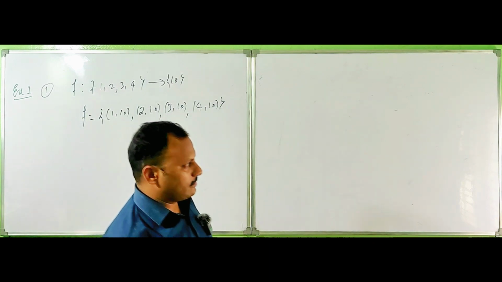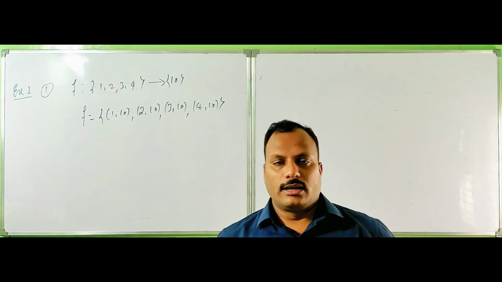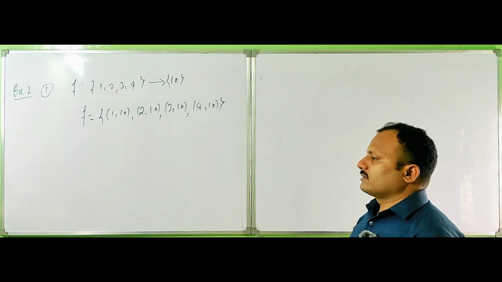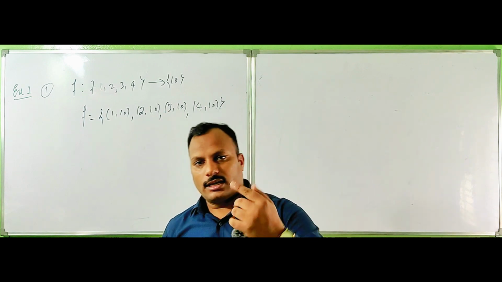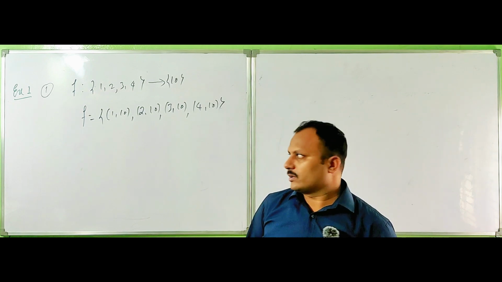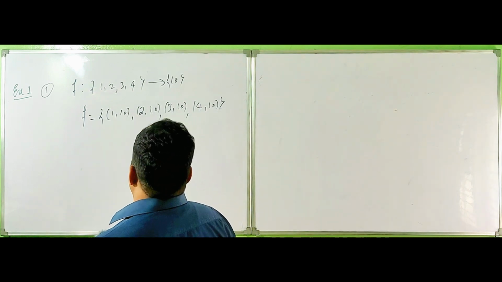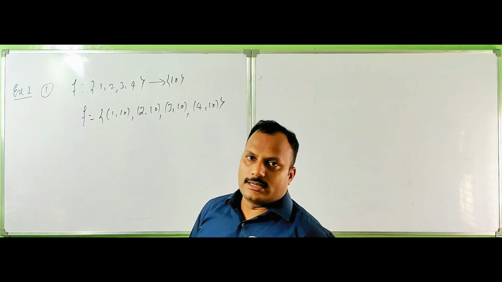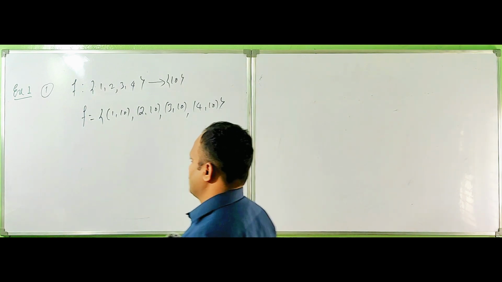For a function to be invertible, f should be one-one and f should be onto. One-one means different inputs give different outputs. Here you are getting the same element, so this is a many-one function.